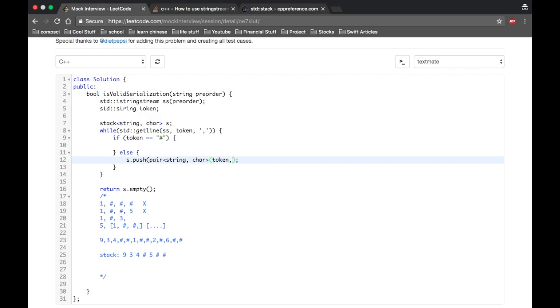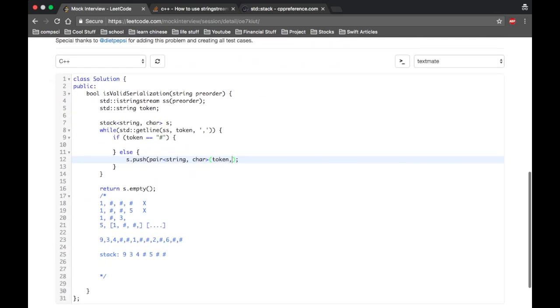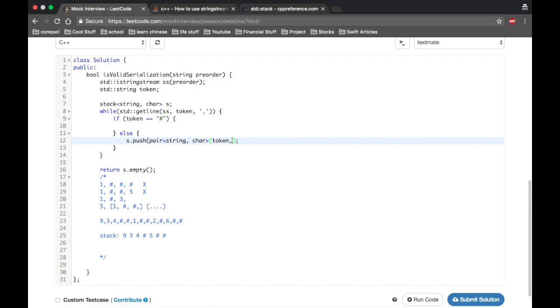But then how would I know if it's the left side or the right side? Why is this problem so hard? I thought it was a medium. Dang. Okay, well, if I'm not able to solve this question, I'll definitely make an explanation video for it.